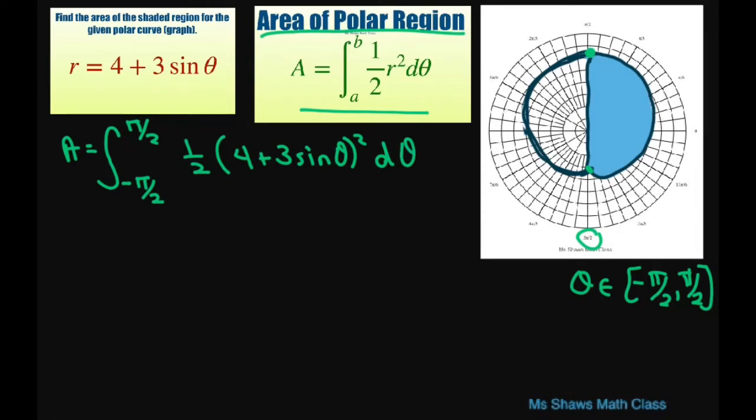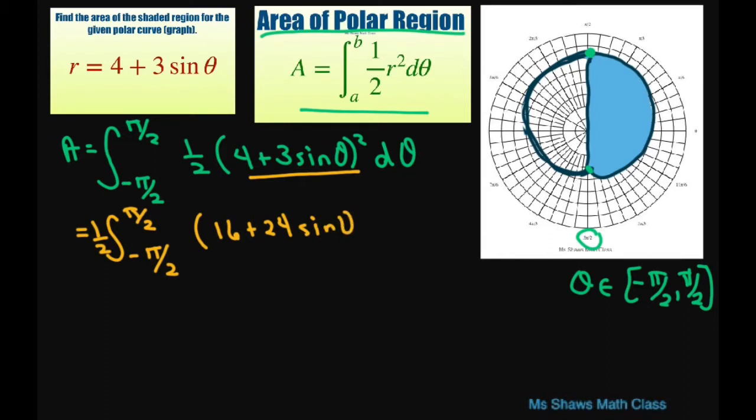All right, this is going to equal the integral from negative pi divided by 2 to pi divided by 2 of, and we're going to expand this. I'm going to pull the 1/2 out, get it out of the way. So it's going to be 16 plus 24 sine of theta plus 9 sine squared of theta d theta.